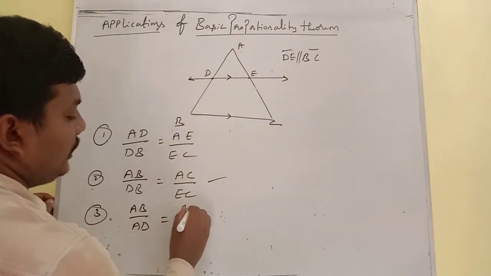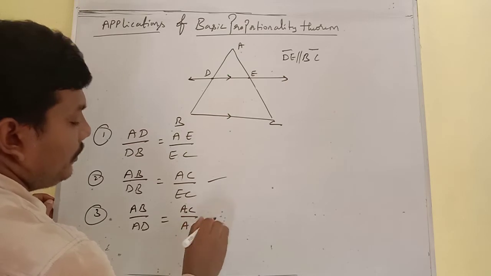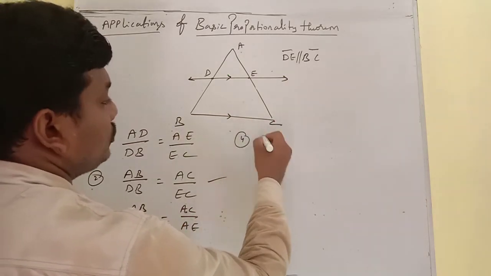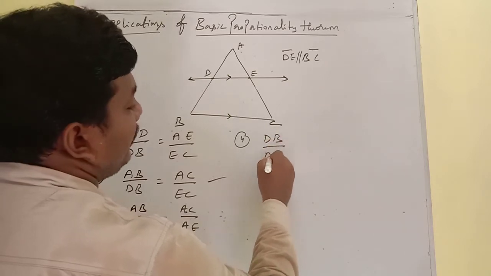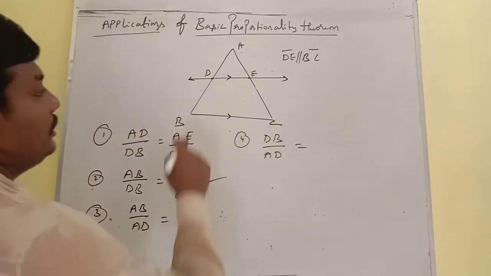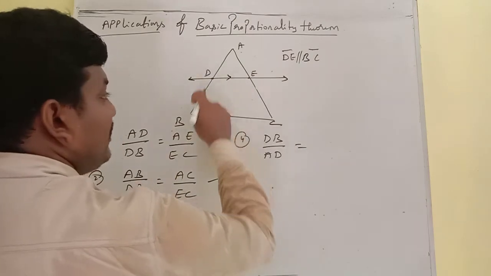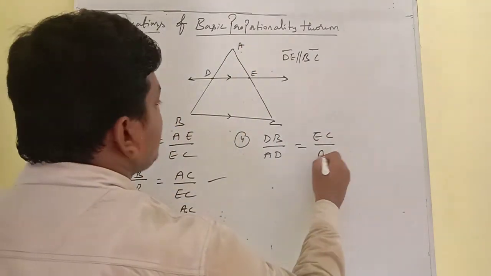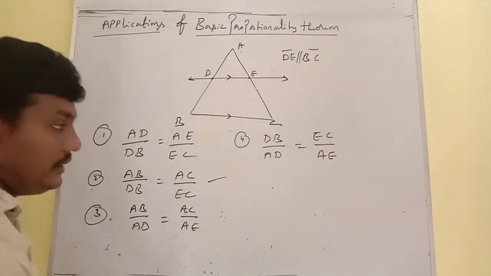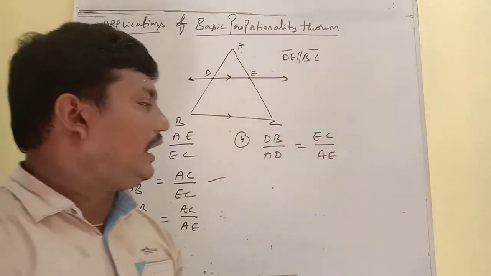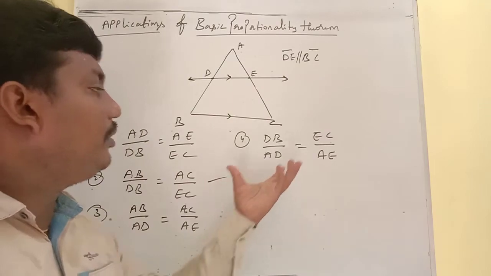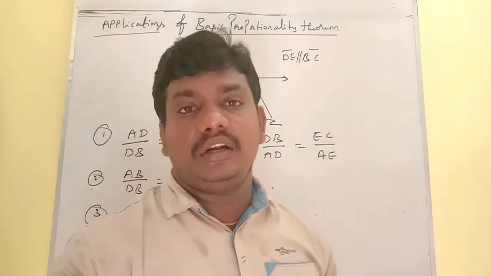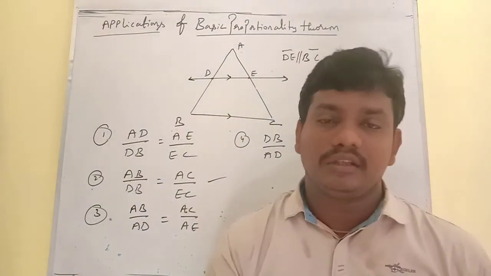The reverse is also possible, so that is 4: DB by AD is equal to EC by AE. Like that we can write a number of relations based on the basic proportionality theorem.